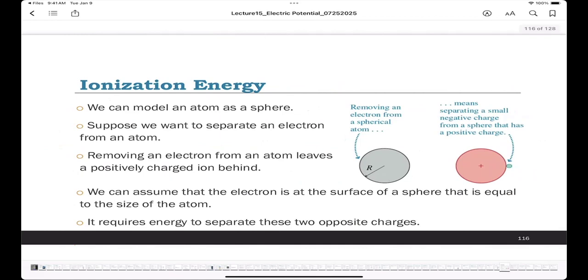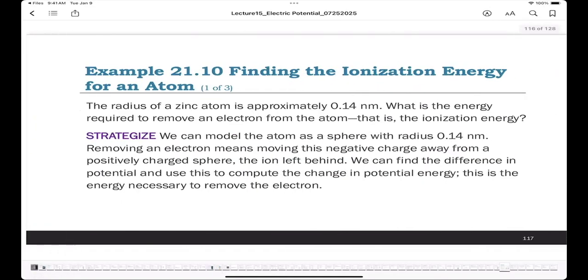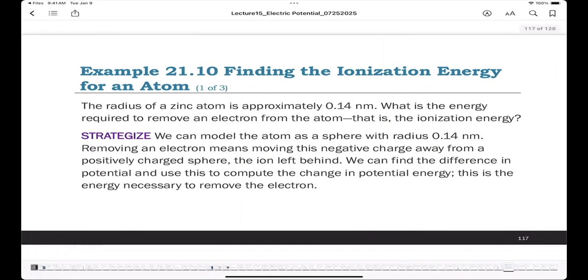It requires energy to separate these two opposite charges, and we can use this ionization energy to separate them.